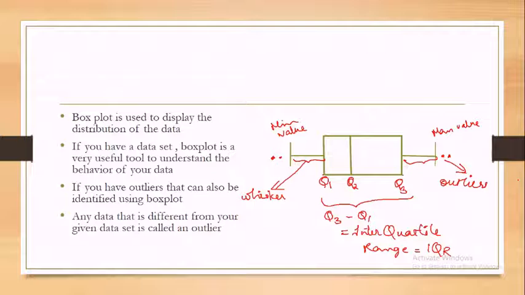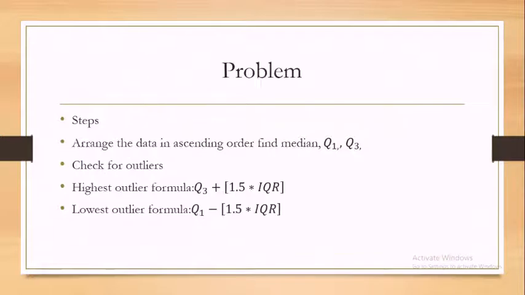Now we'll move to an example and see how to construct a box plot. During the construction, we have to keep in mind that whenever a data set is given, you have to write it in ascending order and find out these three constants, and then you have to check for the outliers in the next stage.